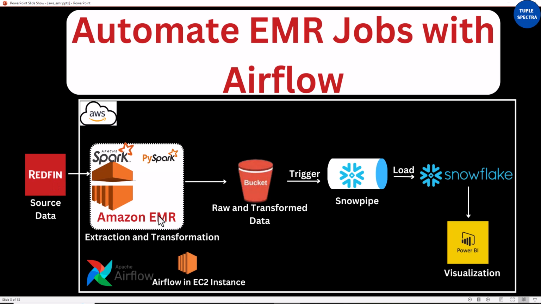How do we also automate the transformation of the data and then loading the data inside the S3 bucket? All this we are going to be doing today using Apache Airflow running in an EC2 instance. Then after the data lands in the S3 bucket, that will trigger a Snowpipe, which then runs the copy command to load the data inside Snowflake, after which you can connect Power BI to Snowflake.